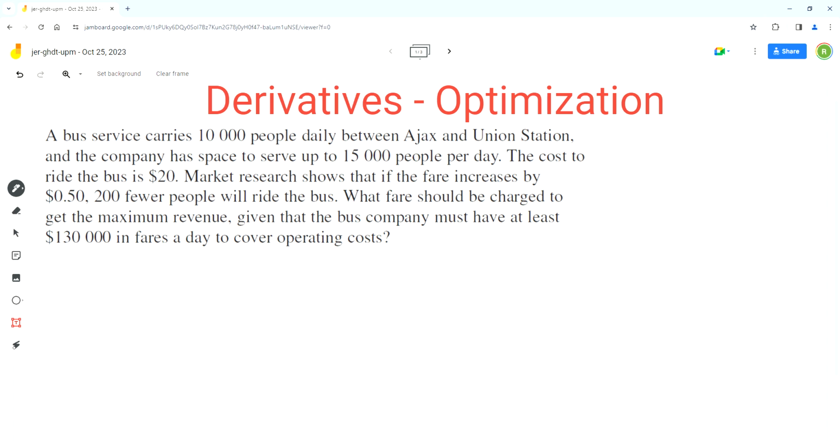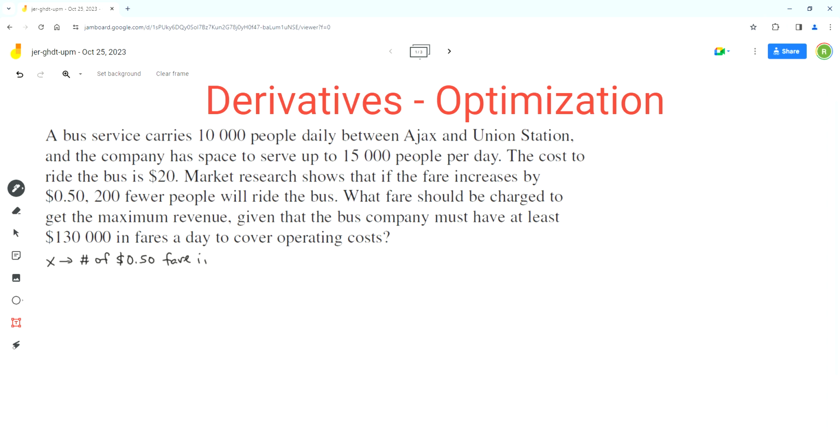So the first step here is to figure out the revenue function, and for that we'll have to use a variable, and the variable in this case will represent the number of $0.50 fare increases. So the variable can be x, which represents the number of $0.50 fare increases.